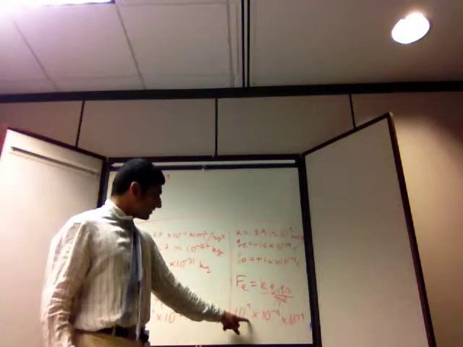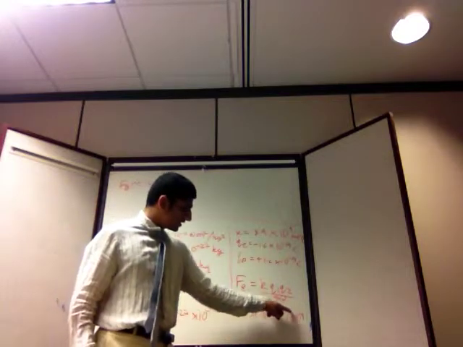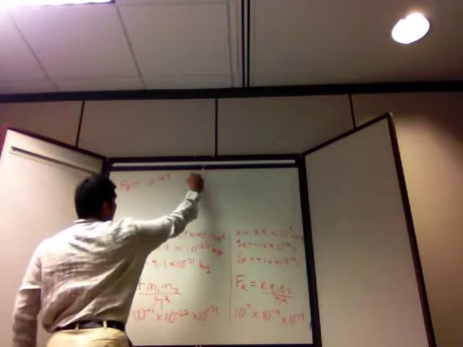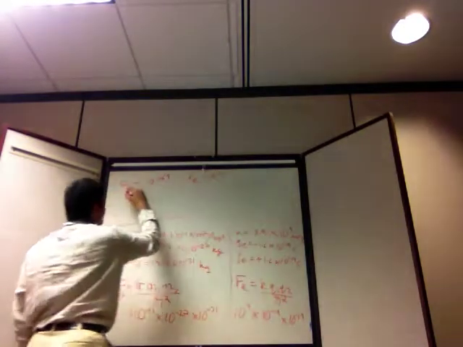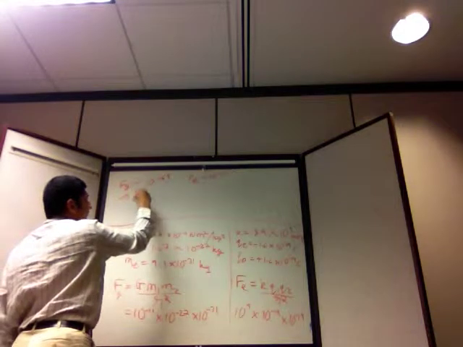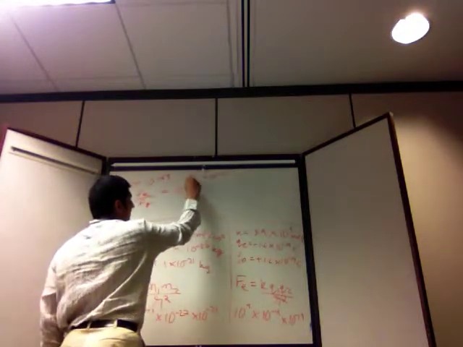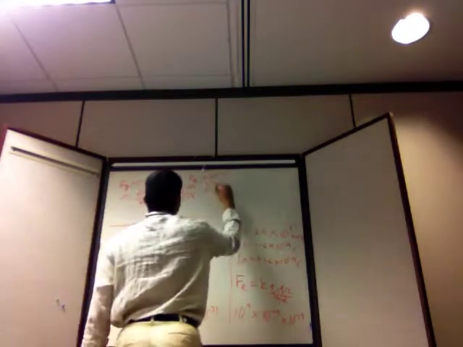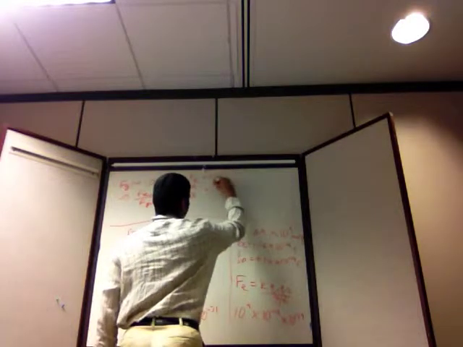Similarly, the electrostatic force of attraction is of the order 10 to the negative 38 plus 9, that's 10 to the negative 29. In other words, the electrostatic force divided by the force of gravity is 10 to the minus 29 upon 10 to the negative 69, which is equal to 10 to the 40.